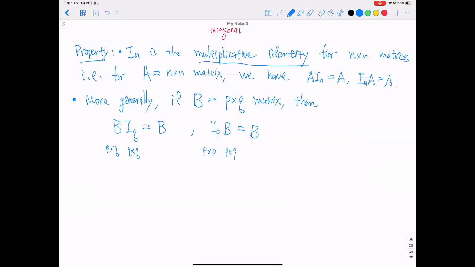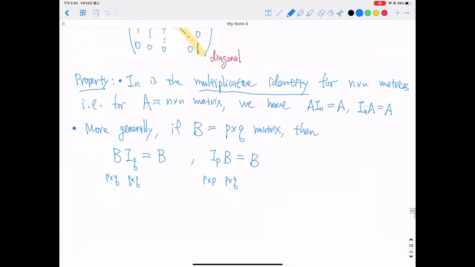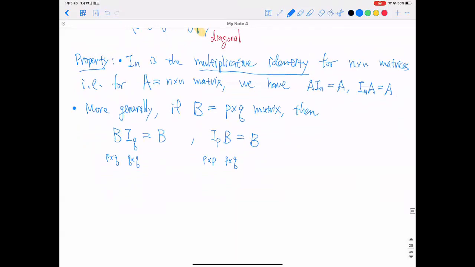B is the P by Q matrix, so the product I_P B is of size P by Q. Okay. All right, so that's what the identity matrix is.